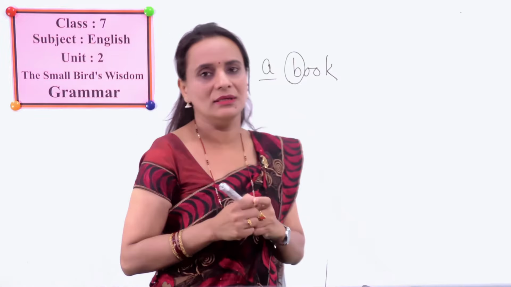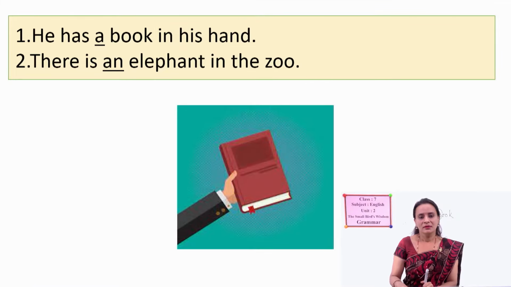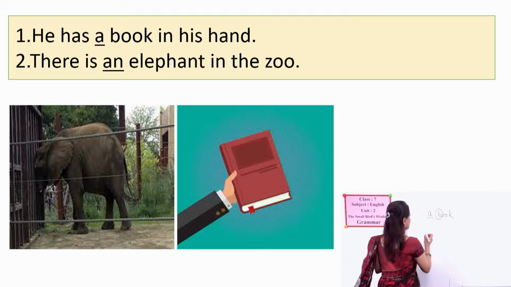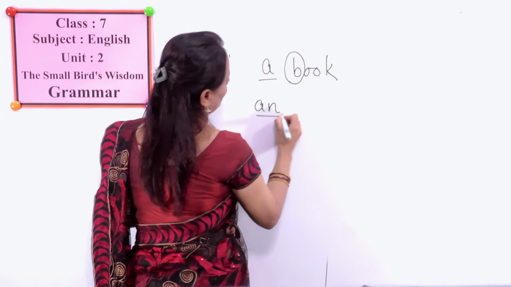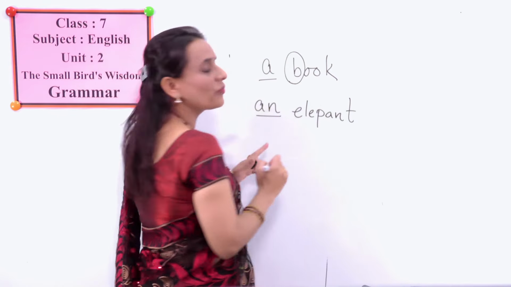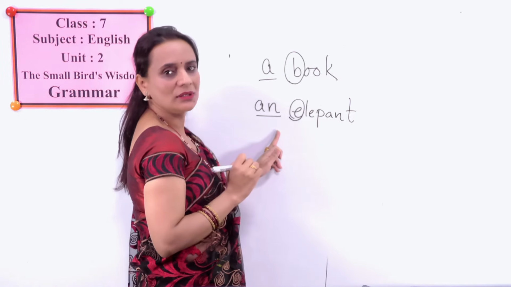Now let's see another. There is an elephant in the zoo. There is an elephant in the zoo. Okay, an elephant. We have an E sound here.